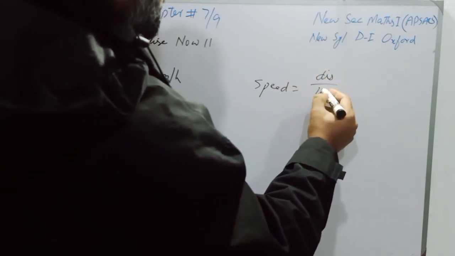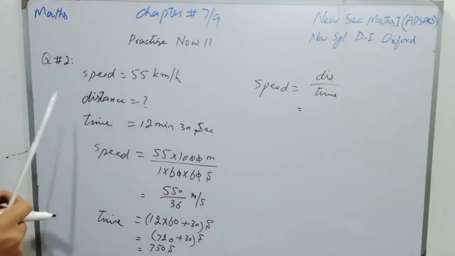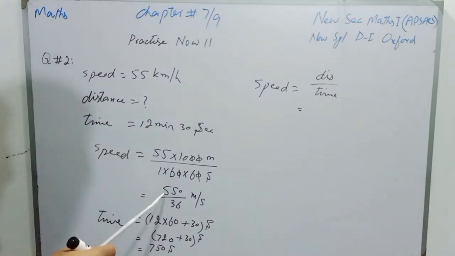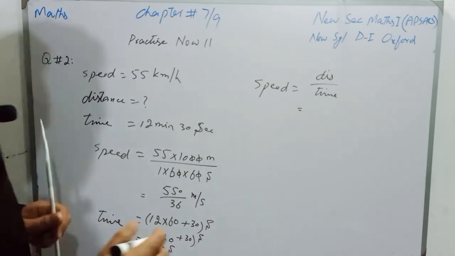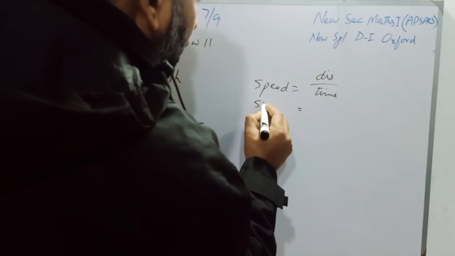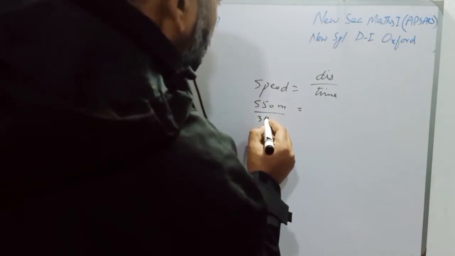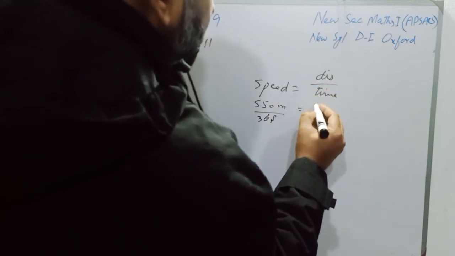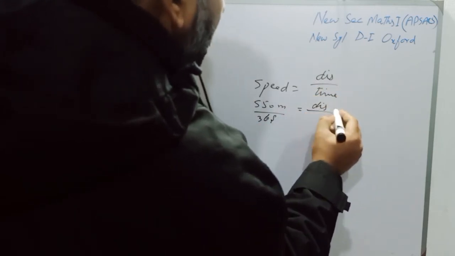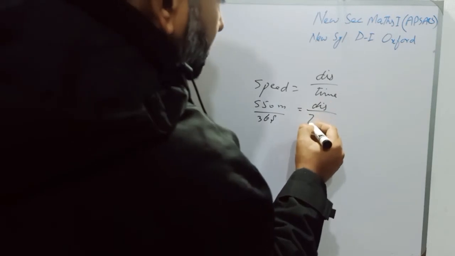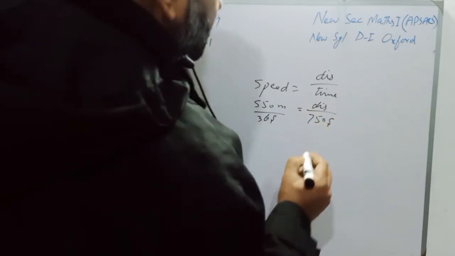Now students, we will apply the formula of speed, and speed is equal to distance over time. Speed is given, that is 550 meter per 36 seconds. So it is written 550 meter over 36 seconds. Distance we have to find, and time taken is 750 seconds.